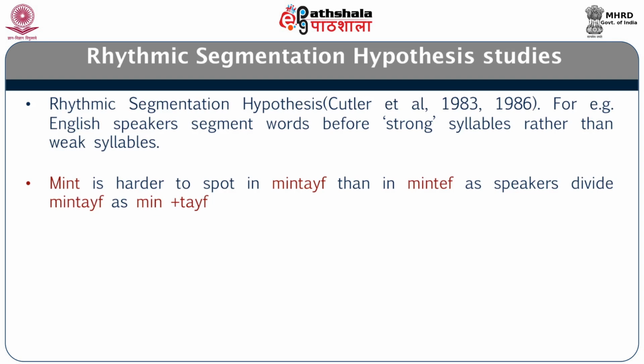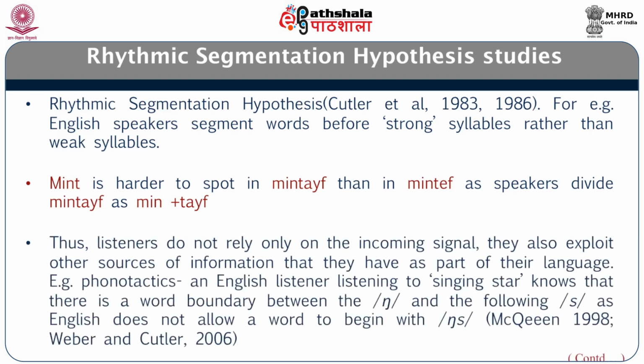And so, listeners not only rely on the actual acoustic signal, they also listen for other things. They exploit other sources of information that form part of their language. For example, let's look at phonotactics. An English listener listening to the words "singing star" knows that there is a word boundary between "singing" and the "st" of "star".